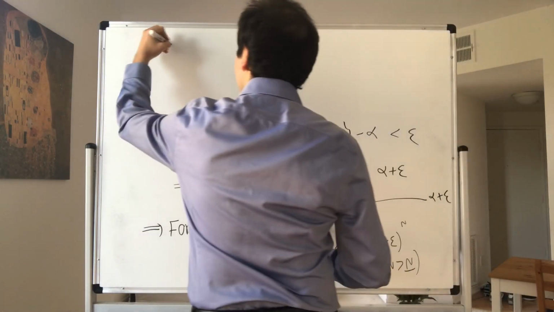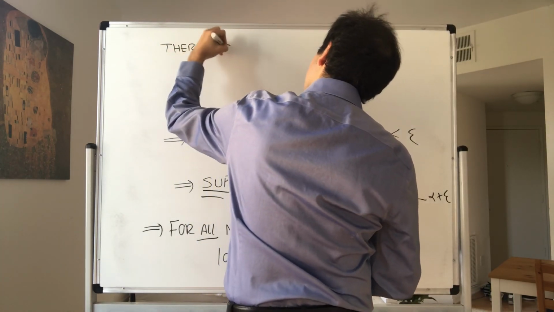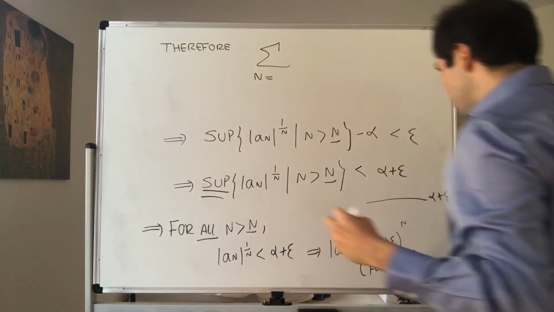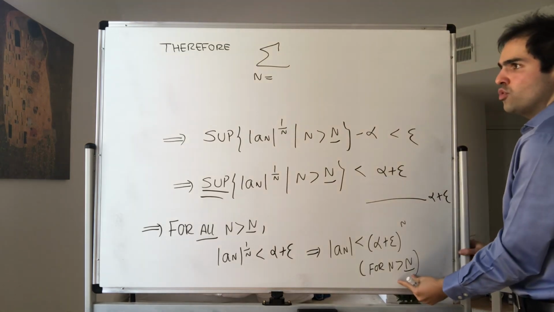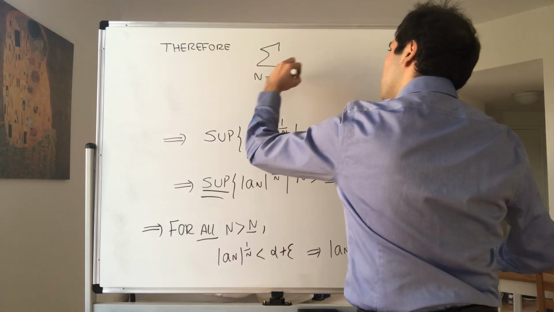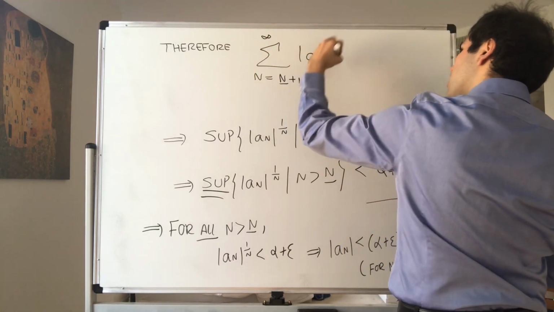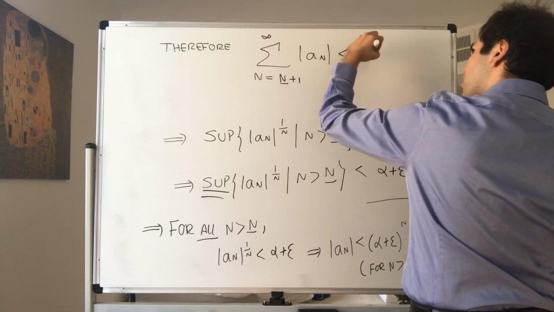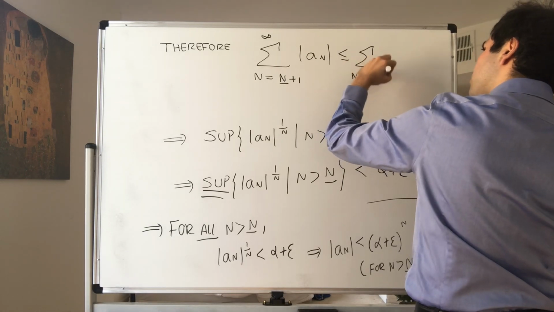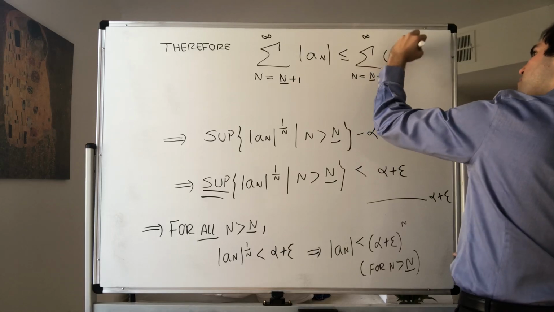So therefore, the sum from n greater than or equal to capital N plus 1 to infinity of an is less than or equal to the sum from n equals capital N plus 1 to infinity of alpha plus epsilon to the n.